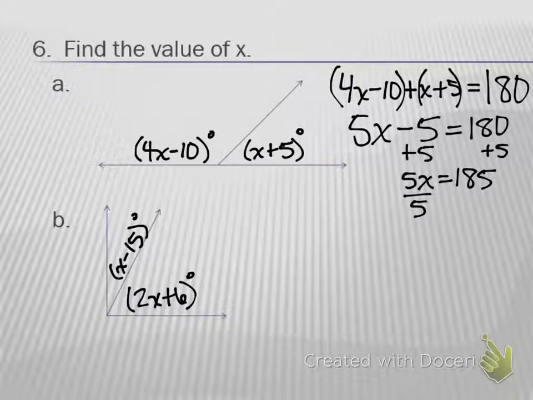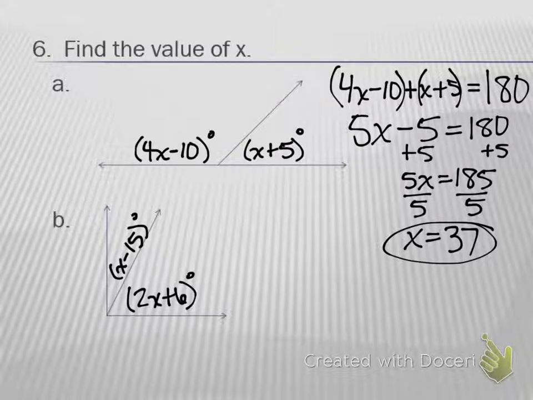Divide by 5. What do we get? I think it's 37. All right. And that's all we were asked for, was the value of x. So we don't have to worry about plugging it back in and finding anything else. We were just wanting the value of x.